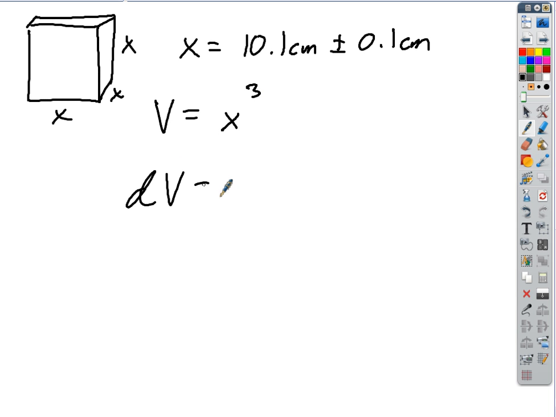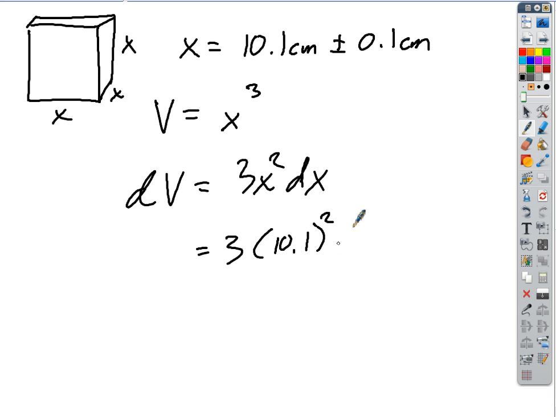What's dV? Well, it's 3x squared dx. I just tacked the dx over here instead of down there, right? Now let's plug in those numbers, and look how easy it is. It's just 3 times 10.1 squared times plus or minus 0.1. Somebody throw that in your calculator for me, and what do we get?